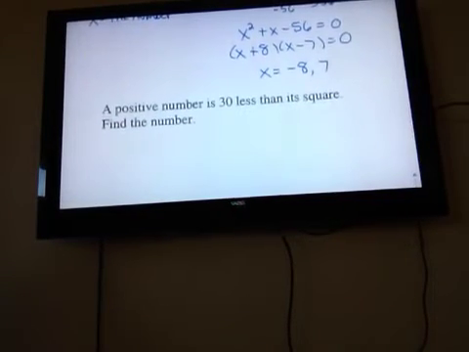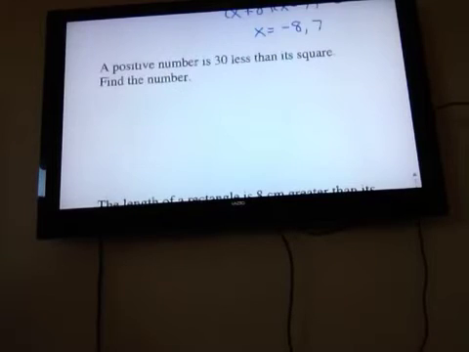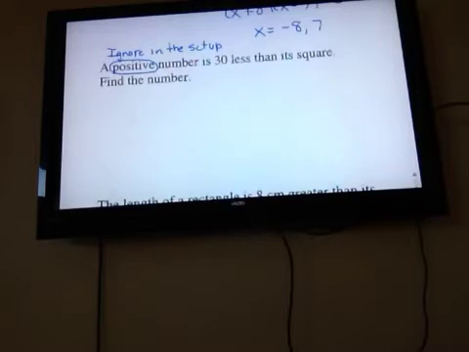I can't emphasize this next thing enough. See that word, that adjective? Ignore it in the setup. Very important to ignore that word when you're setting up the equation.